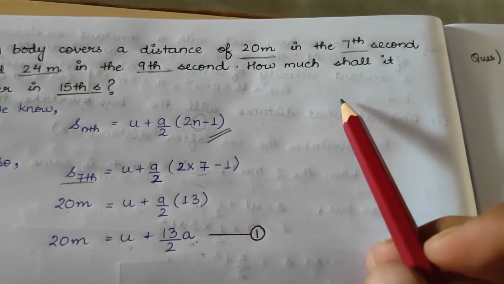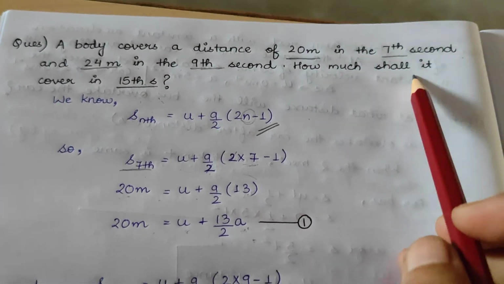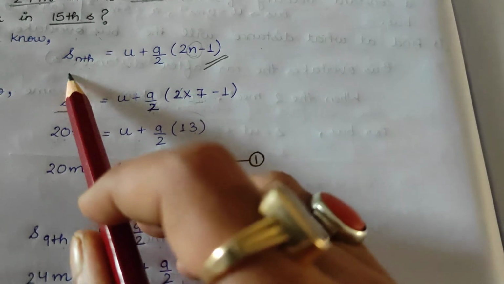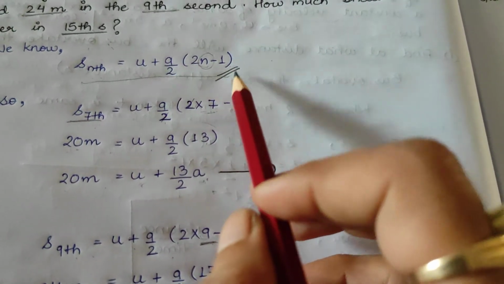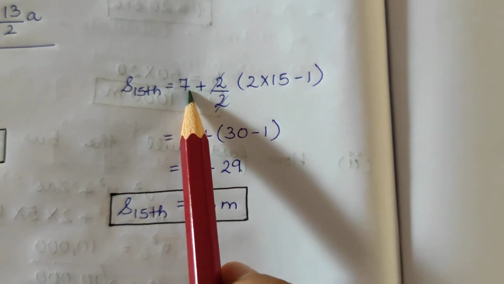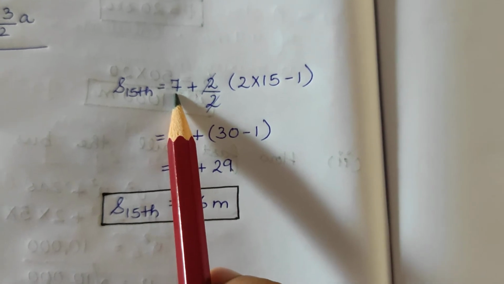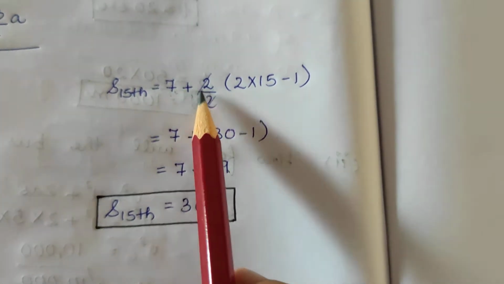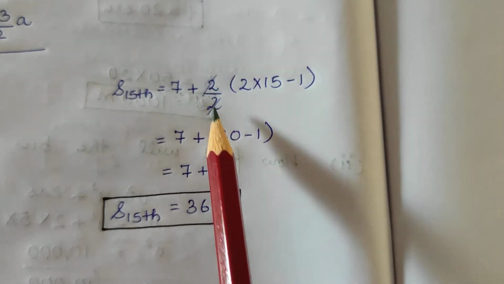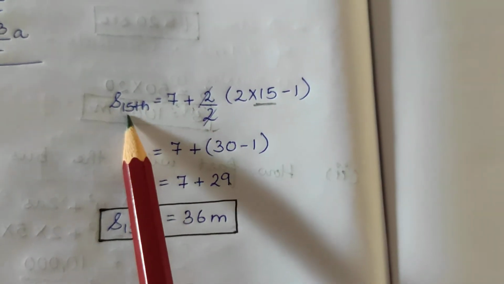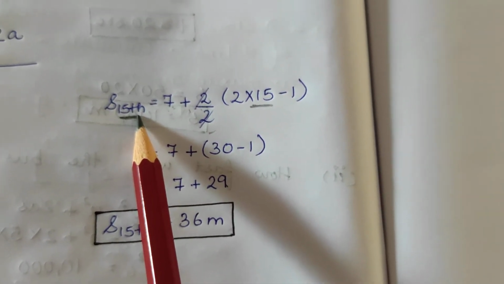Now we come to the final solution. We have to find how much it will cover in the 15th second. Now we have u and we have a, so we can simply put the values in this equation and find s 15th. s 15th will be u, which is 7 meter per second, plus a by 2, with a as 2 meter per second square, times (2n minus 1). Here n is 15 because we are talking about the 15th second.